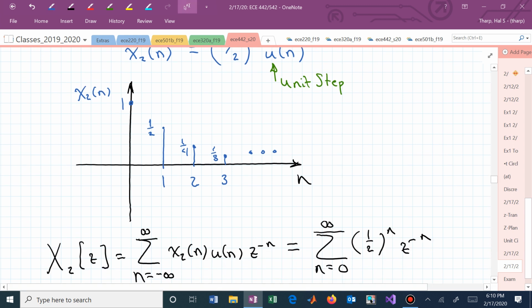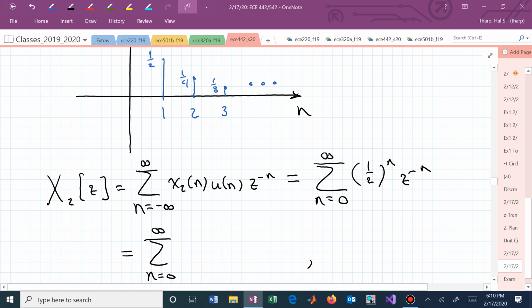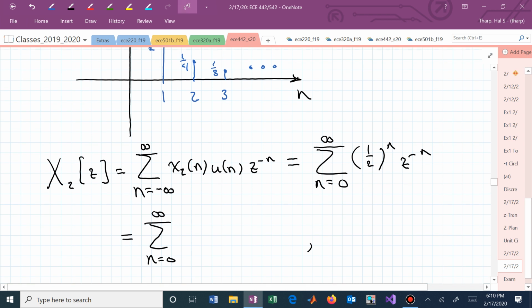But let's now derive this z transform for little x sub 2 of n. We know it's this infinite sum. That's the definition of the z transform. We know, though, that it's only valid for little n that are non-negative.